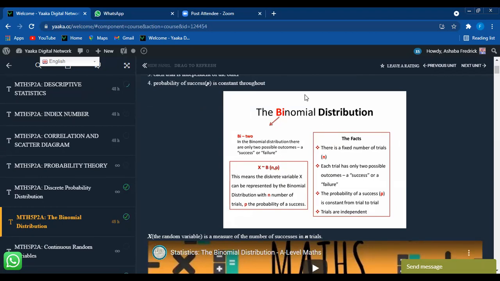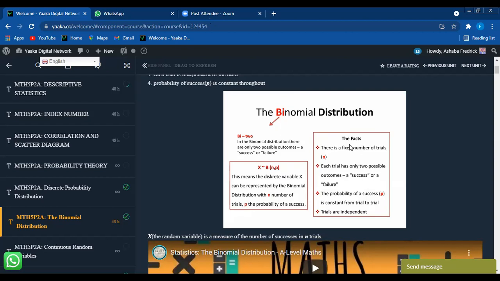Here we say x is approximately binomially distributed with n and p, where n is the number of repeated trials and p is the probability of success.